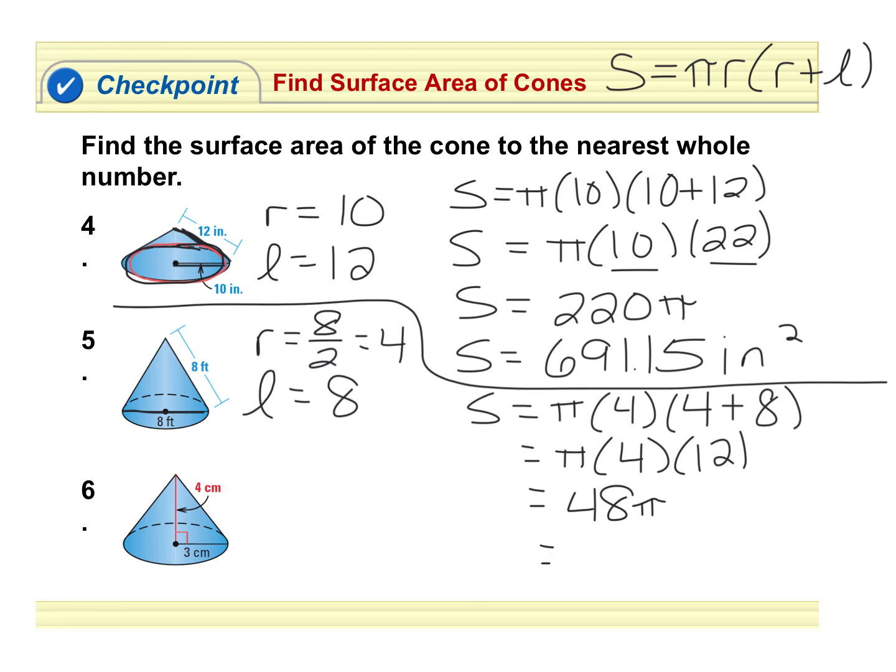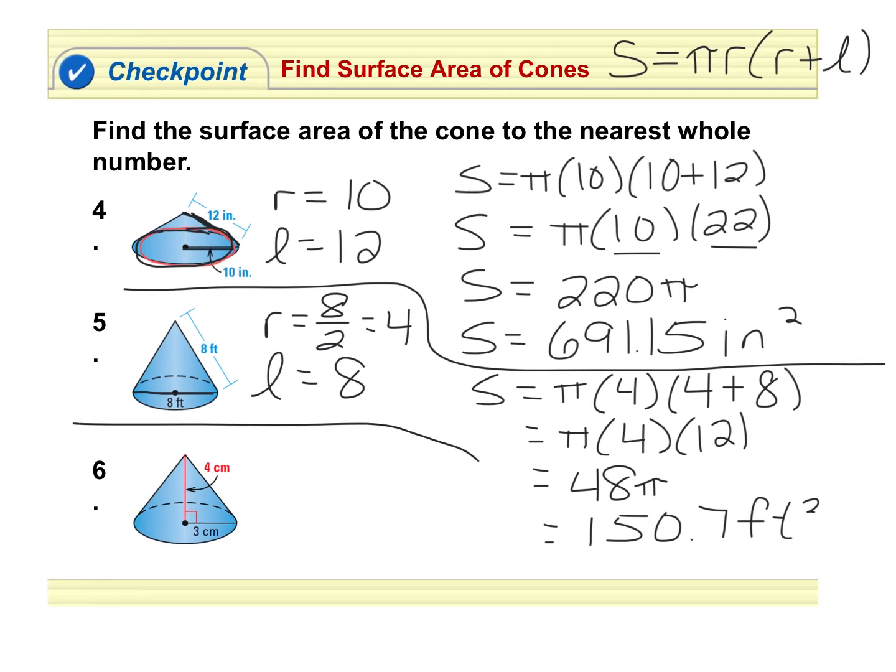Does anyone have an answer yet? 150.7? What am I forgetting? Feet squared. There you go. Good. Remember, all of our labels are going to be squared because why? Because we're looking for area. Yep. Good. Any questions so far about the formula and its different pieces?